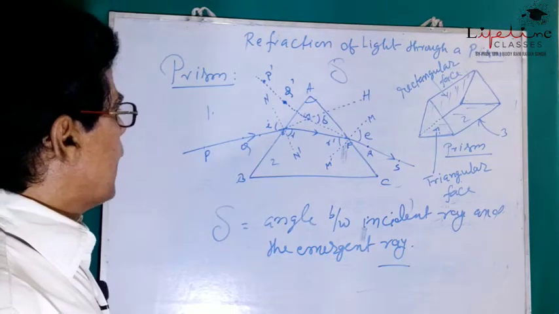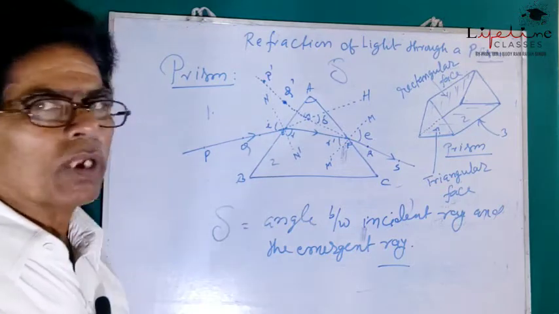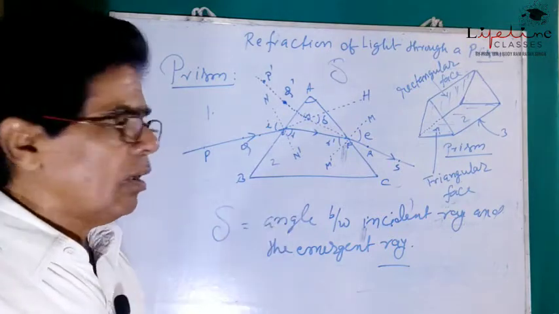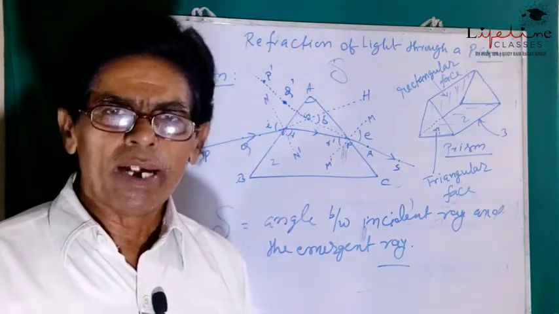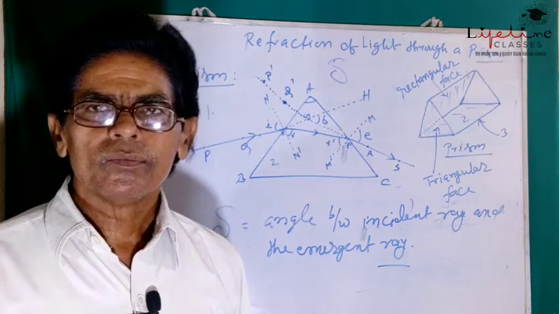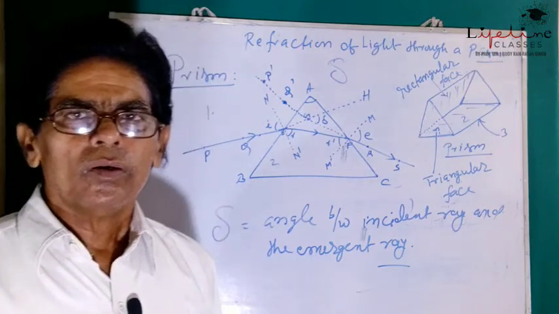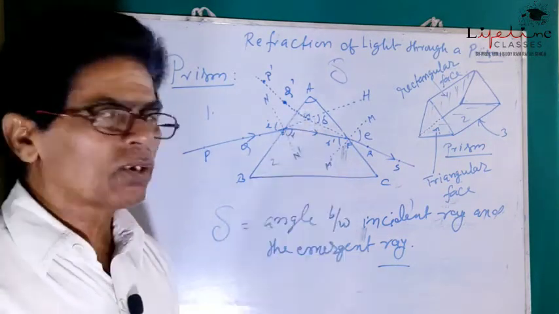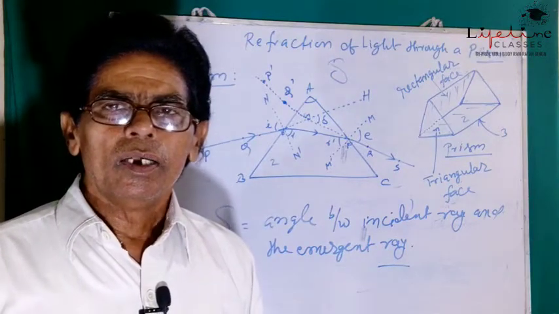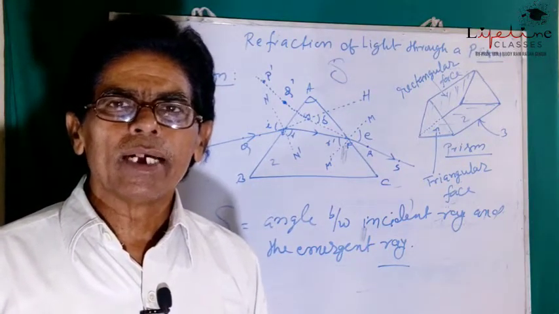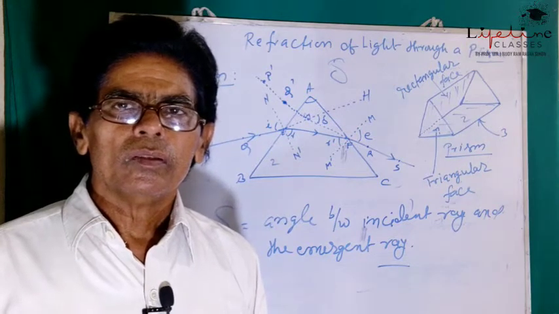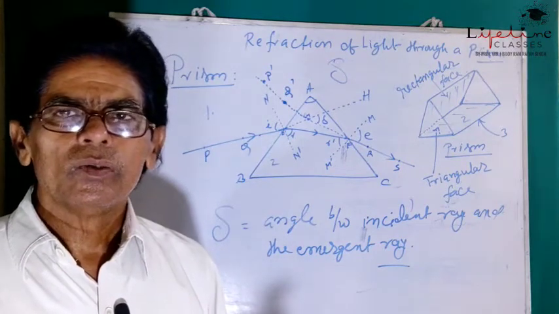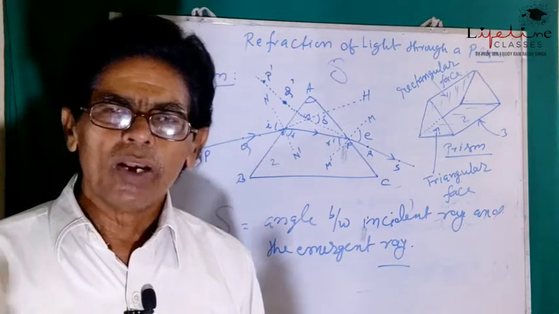Now it is observed that the angle of deviation is different for different wavelengths of light. It is found experimentally that the angle of deviation is related to the wavelength of light as well as the velocity of light.